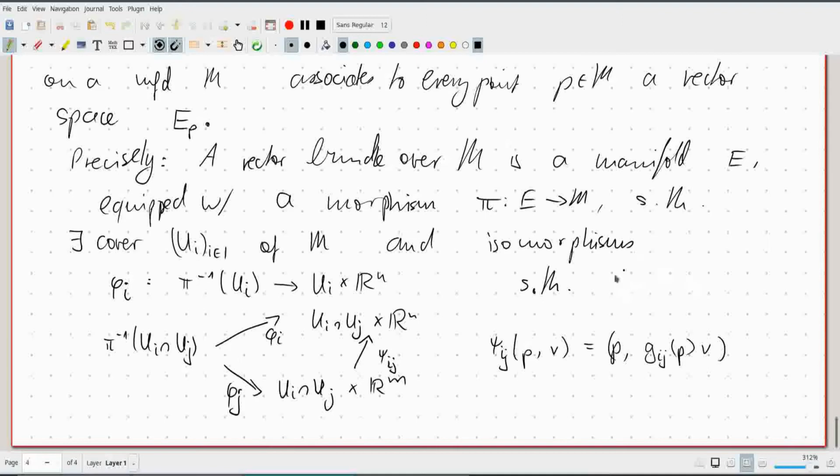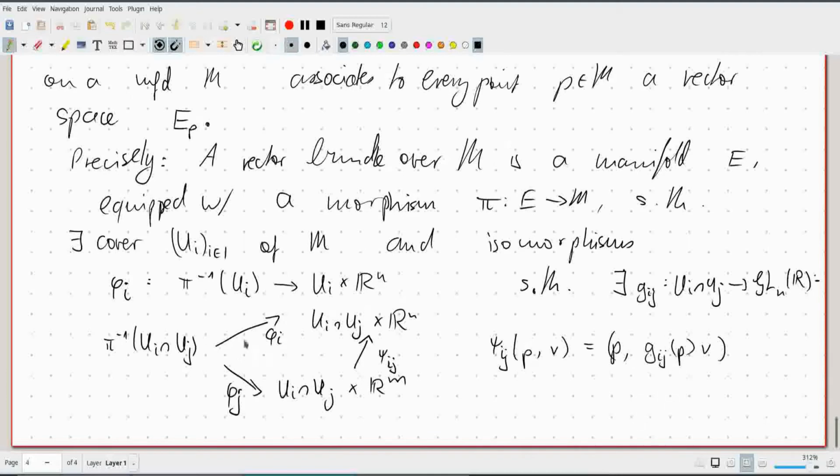And what is this function g_ij supposed to be? g_ij from U_i cap U_j to the invertible n times n matrices, such that this map is given this way.